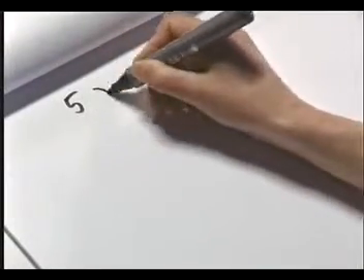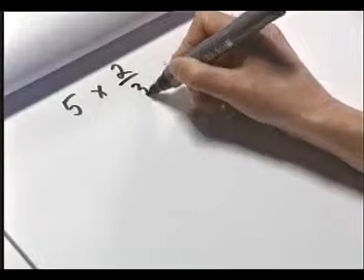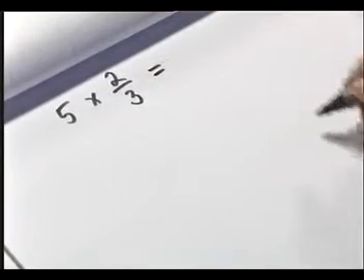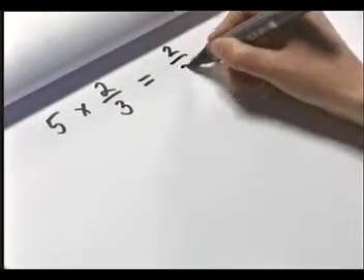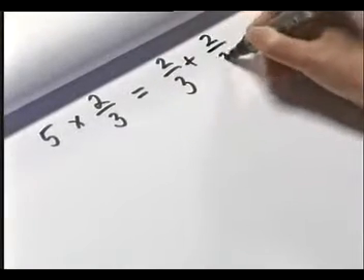Let's look at another example. 5 lots of 2/3. So we've got 2/3 5 times.